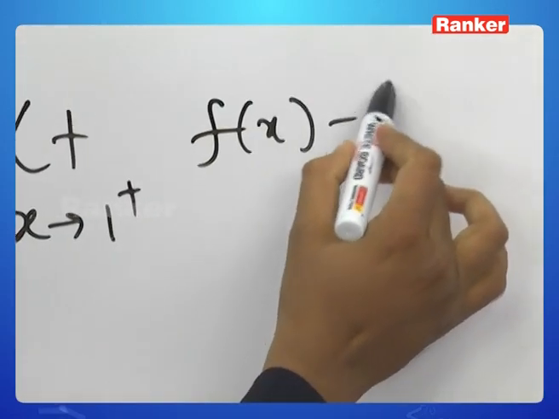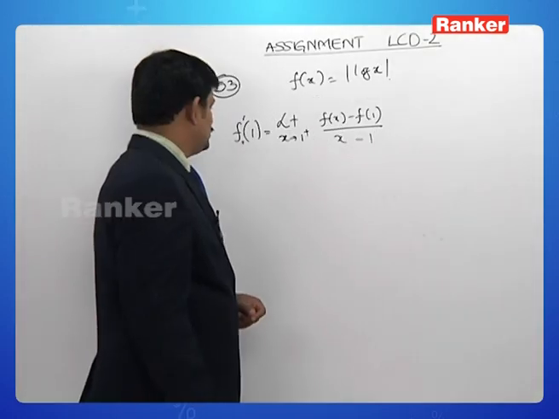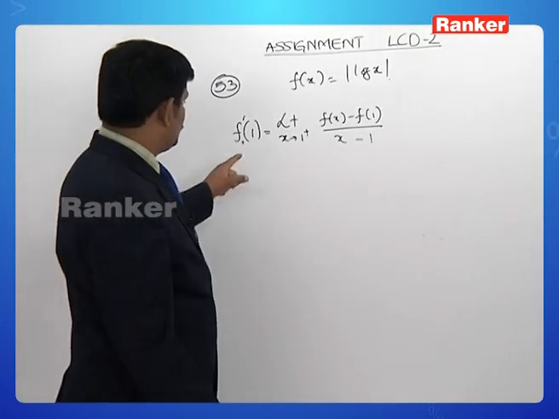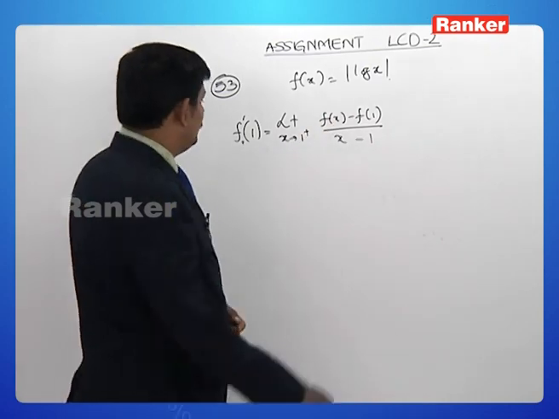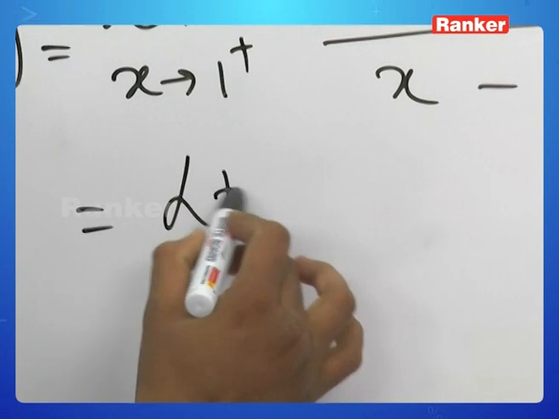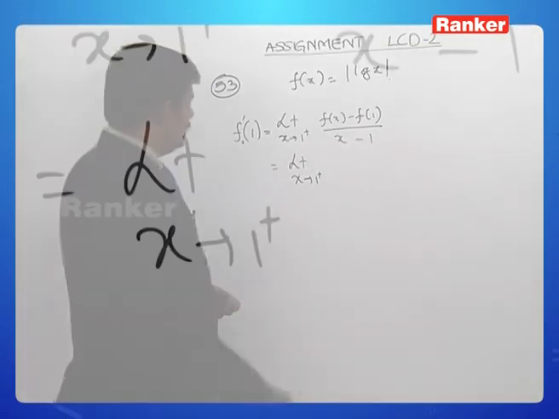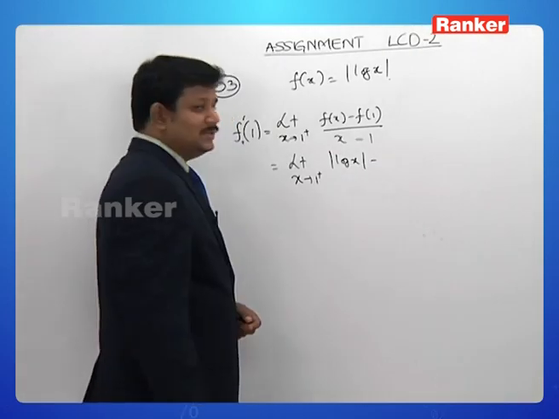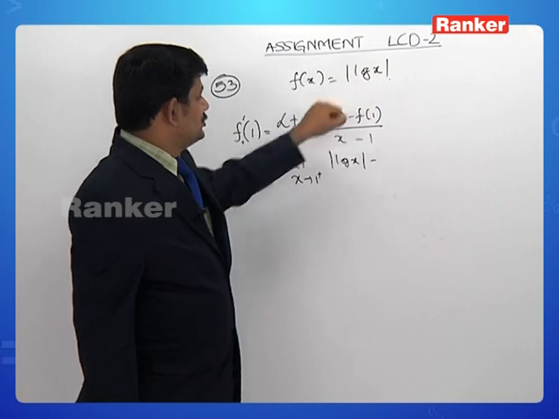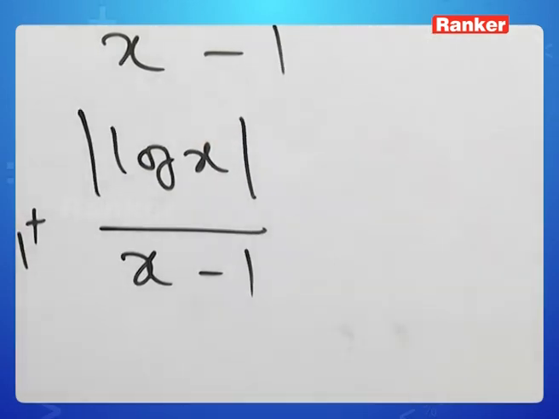F dash of 1 plus is limit x tending to 1 plus f of x minus f of 1 divided by x minus 1, which is limit x tending to 1 plus, f of x is mod log x minus f of 1, log 1 is 0, mod 0 is 0, divided by x minus 1.